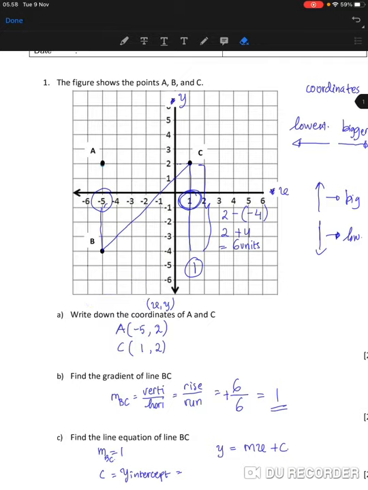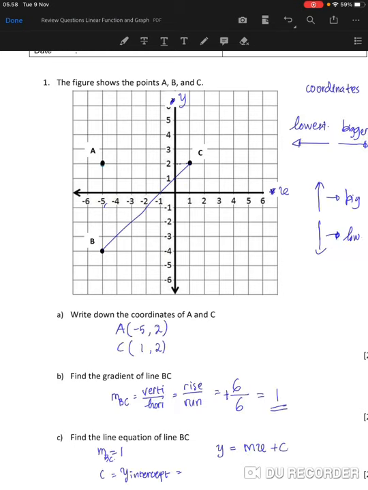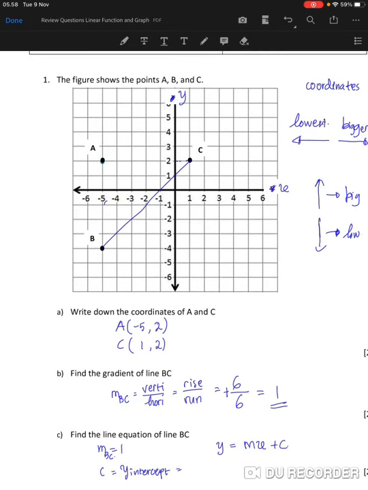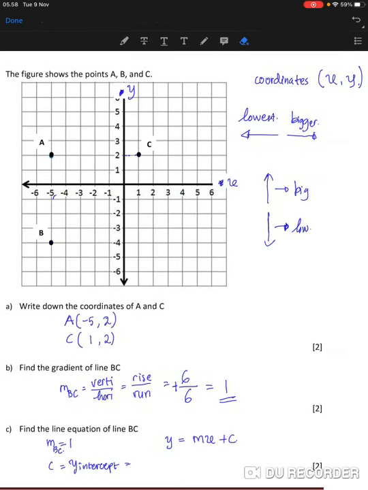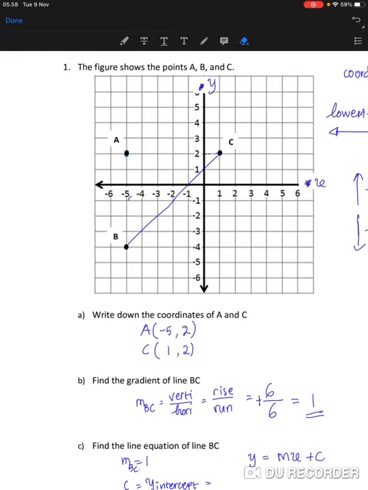Pay attention to your line. And then you have to pay attention to where your line is cutting your y-axis. For example, like this, we have BC. All right, hold on. We have BC here. Can you see it? BC. Look at this.